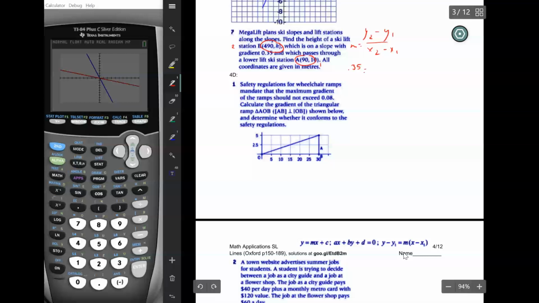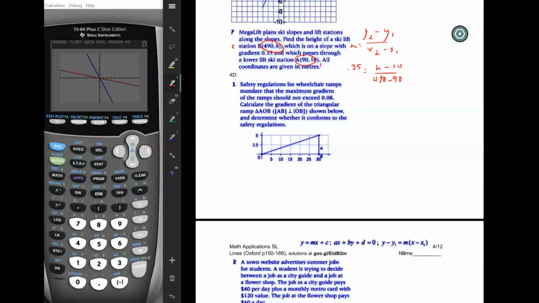So we're going to put h as y2 and 490 as x2. y1 would be 10, and x1 would be 90. So I've got 0.35 equals (h - 10) divided by (490 - 90).